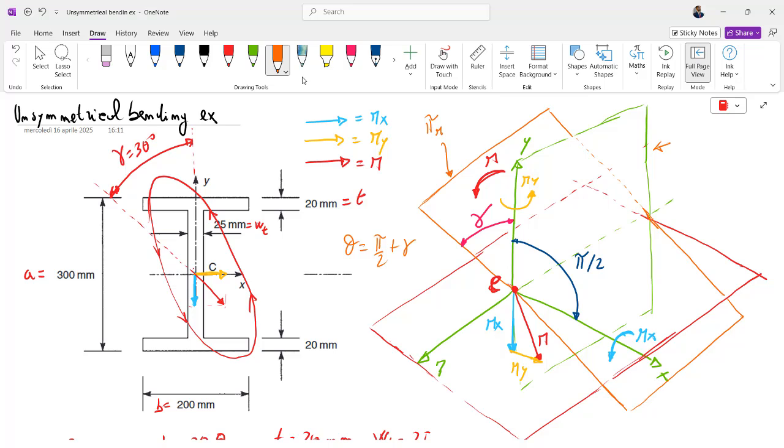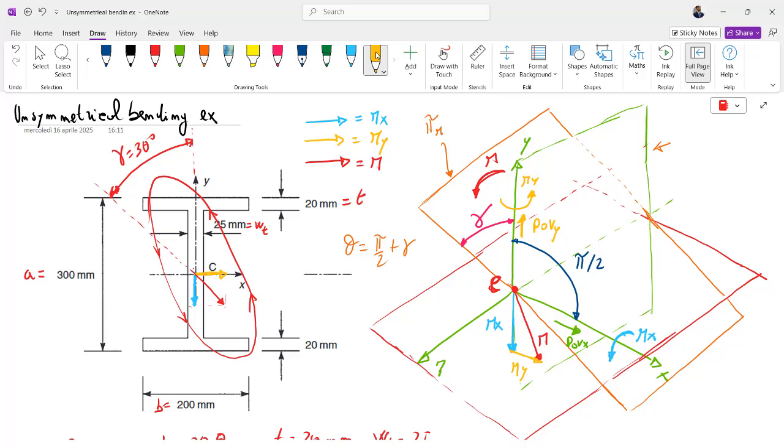In this case, Mx, if I look at this moment from the point of view of x, in this direction, I can clearly see this moment is clockwise. But if I look at the moment in the direction of y, I see that this moment is counterclockwise.